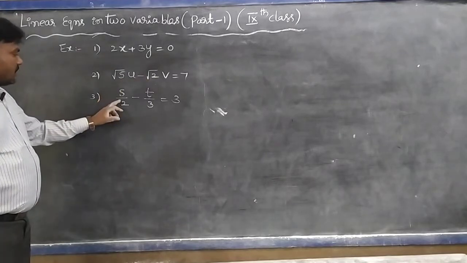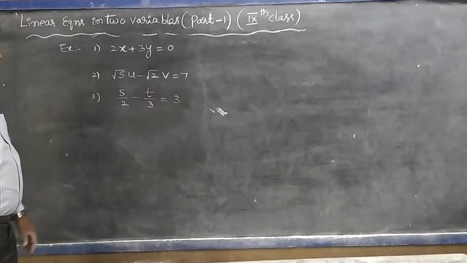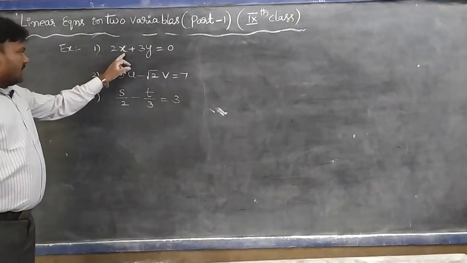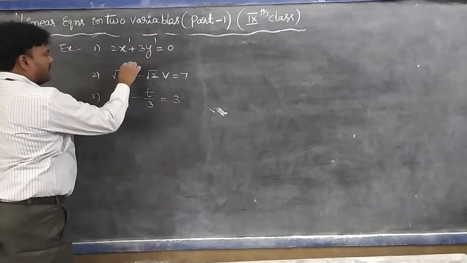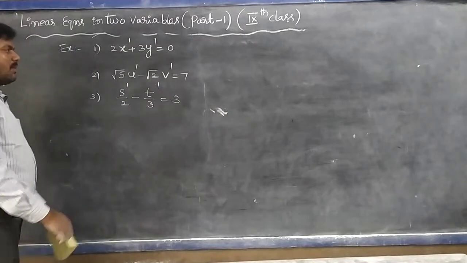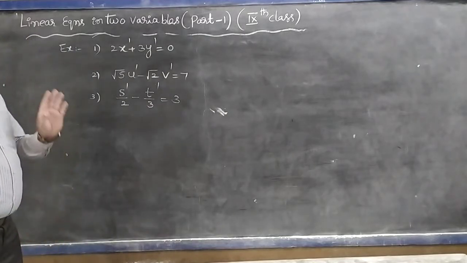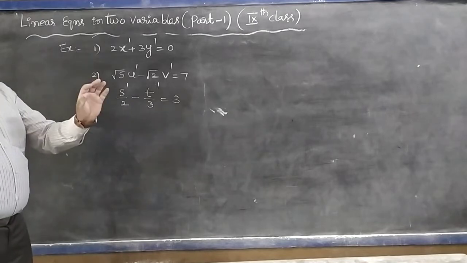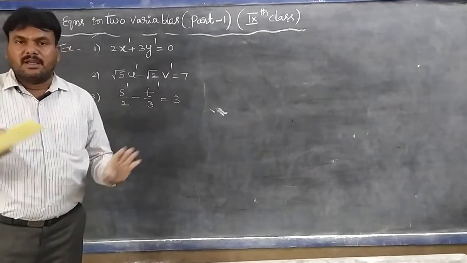Then 1 by 2 is the coefficient of s, 1 by 3 is the coefficient of t. Observe that in this linear equation x power 1, y power 1, u power 1, v power 1, s power 1, t power 1, all powers are 1. So a linear equation having two variables is called a linear equation in two variables. There is no other name.